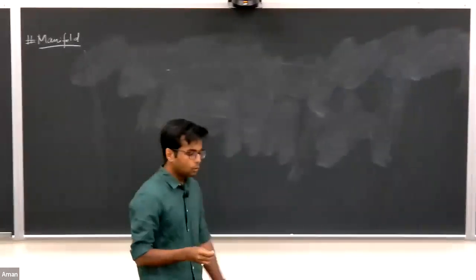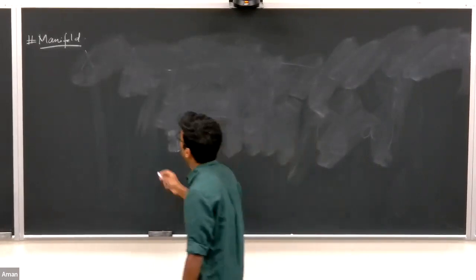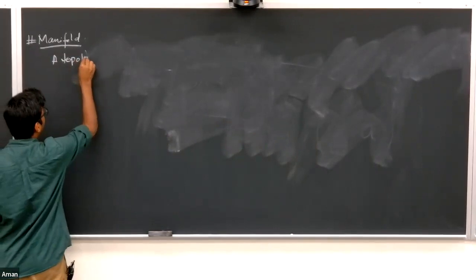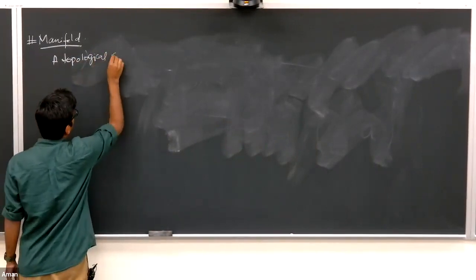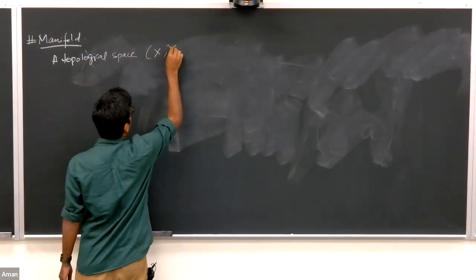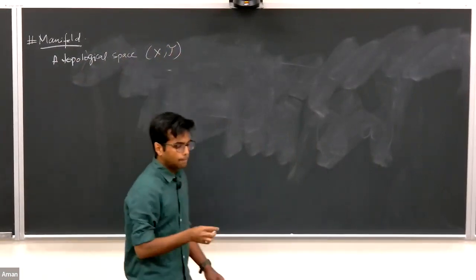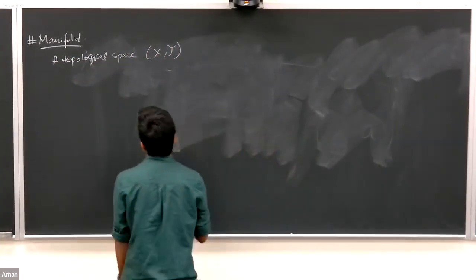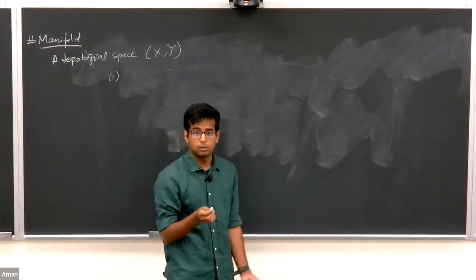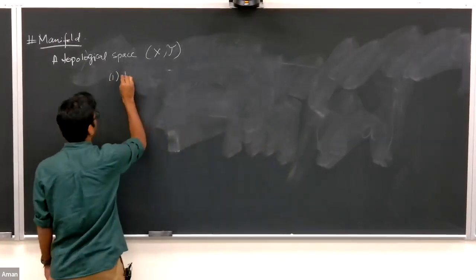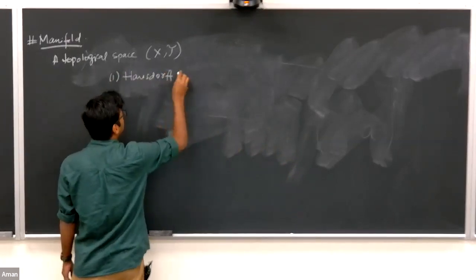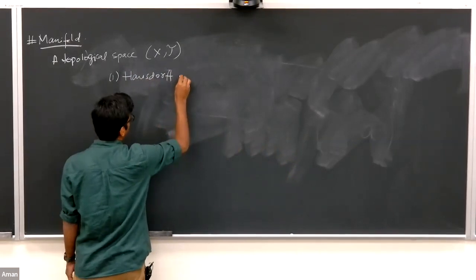A manifold is a topological space with topology tau, which has three basic conditions. The first one is that the space should be a Hausdorff space. As you recall from last lecture, that's the first condition for a topological space to be a manifold.